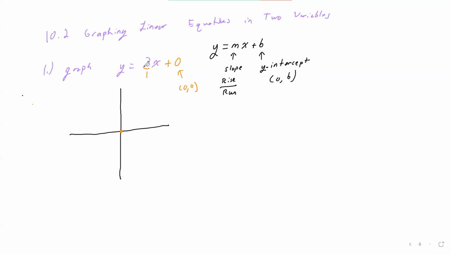So I'm going to rise 3 points, and then I'm going to run 1 point. So I'm going to rise 1, 2, 3, and then I'm going to run 1. So I rise 3, run 1.